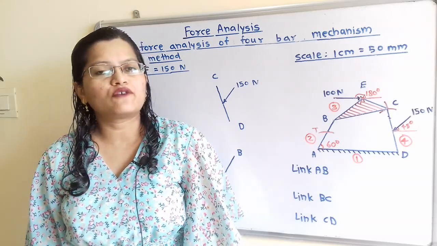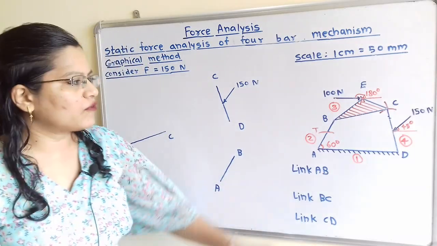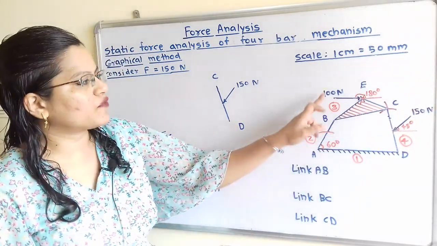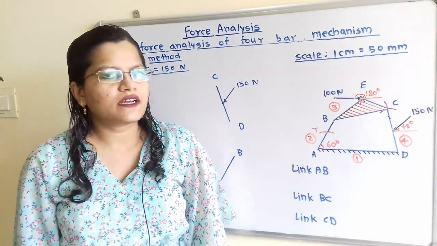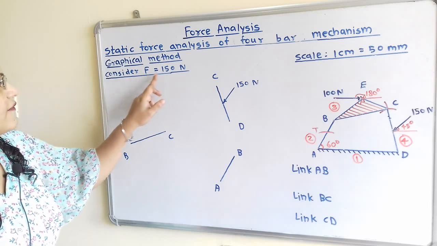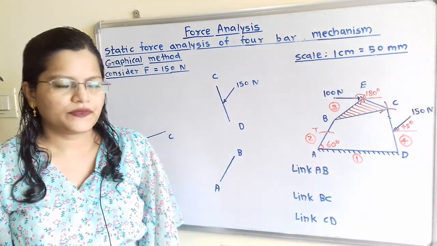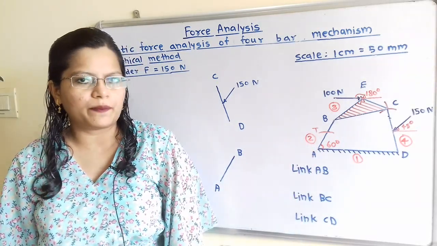In the superposition method, we have to split this question into two parts. In first part we have to consider only 150 Newton force, and in second part we have to consider only 100 Newton force. So we will consider the F is equal to 150 Newton on this link CD. Now first step is to identify the types of members.